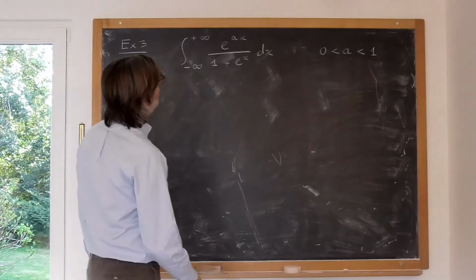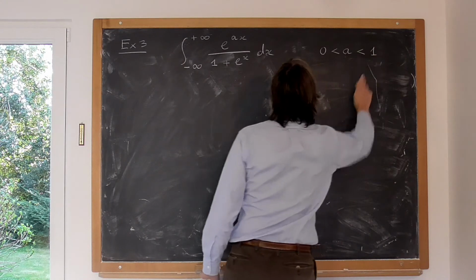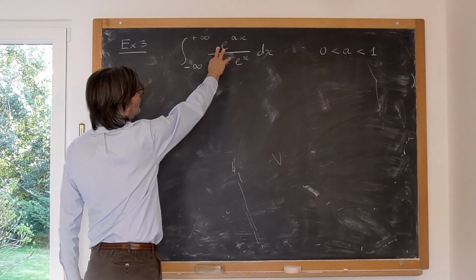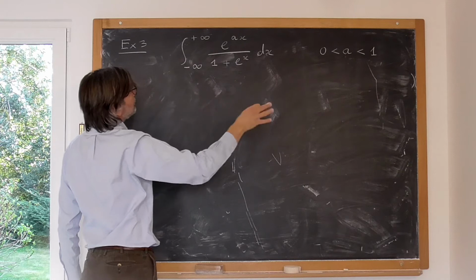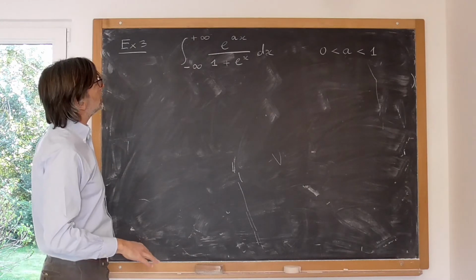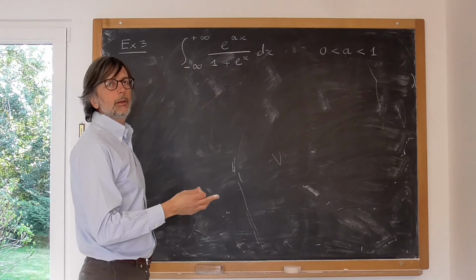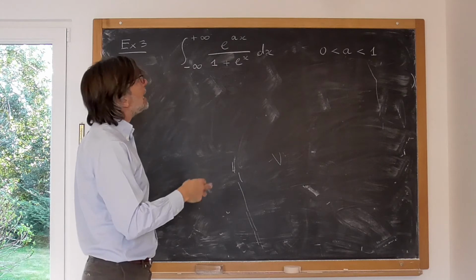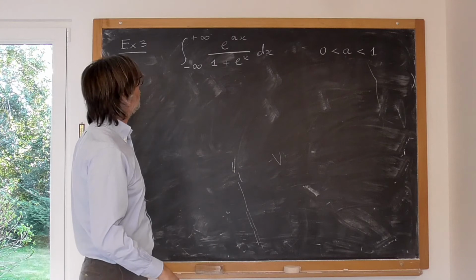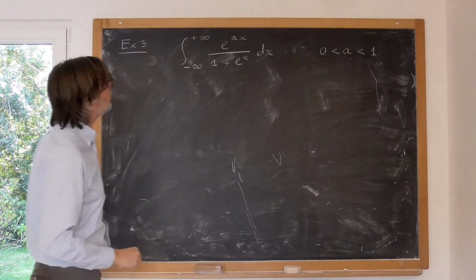Okay, first of all, notice that the fact that a is smaller than 1 gives us the fact that this function for x going to plus infinity goes to 0 exponentially. It goes to 0 like e to the power a minus 1 times x.